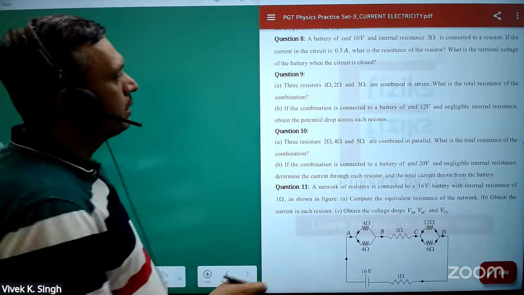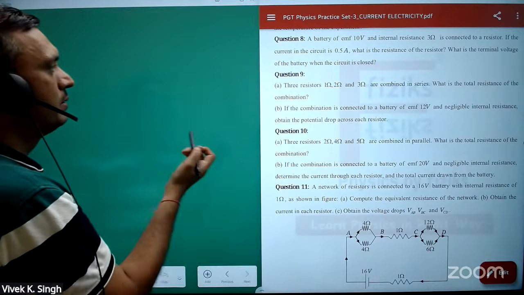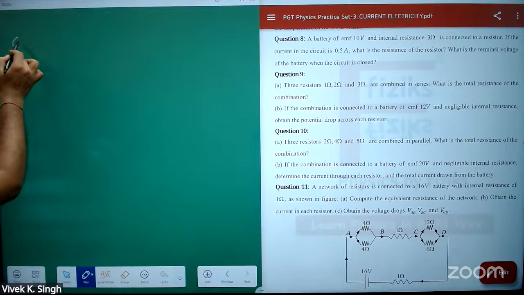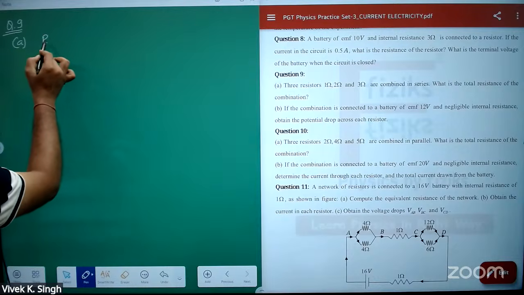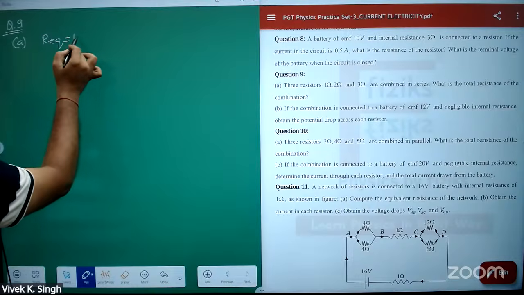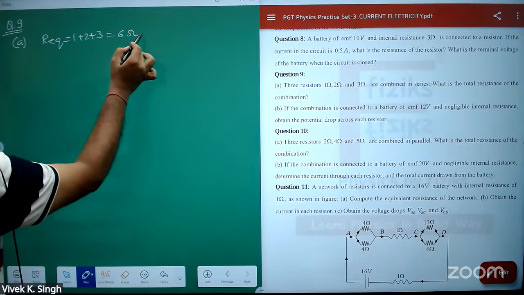So question number 9, three resistances are combined in series. What is the total resistance? So equivalent resistance will be 1 plus 2 plus 3, 6 ohm.